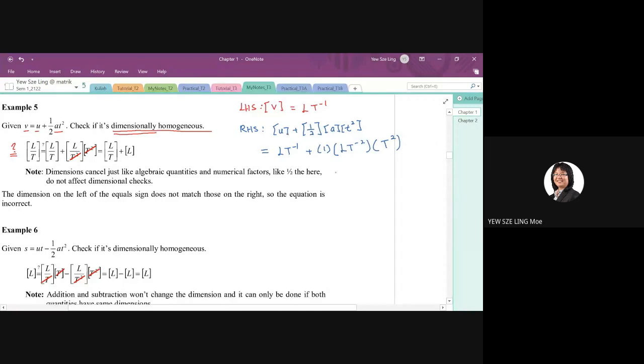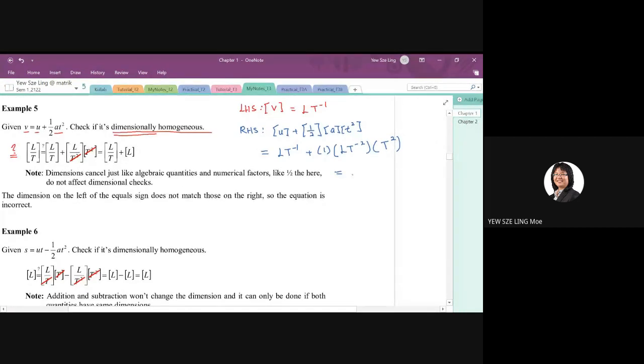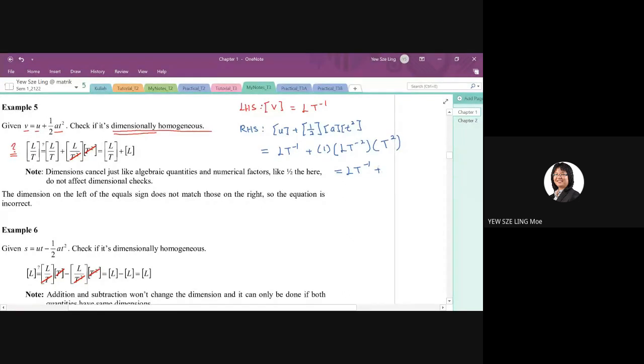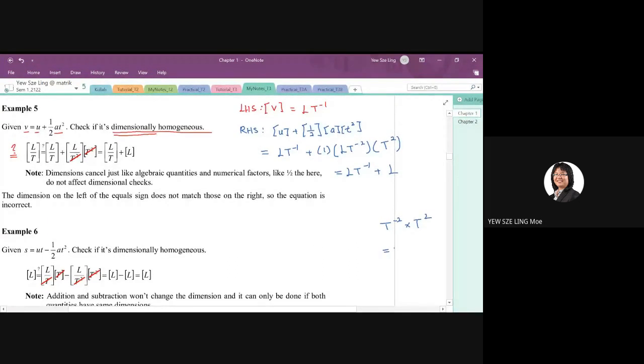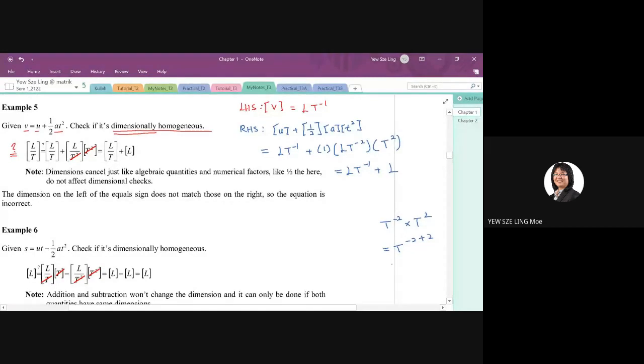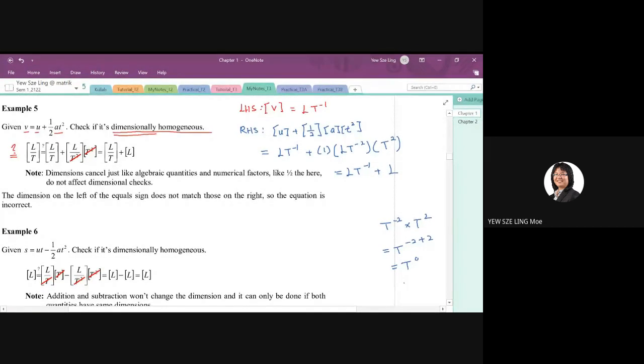Right, now let's simplify it. So if you simplify it, you're going to get LT negative 1 plus L, because T squared times T negative 2 is equal to T0. So T0 equals 1. T negative 2 times T2 equals T negative 2 plus 2 equals T0 equals 1.